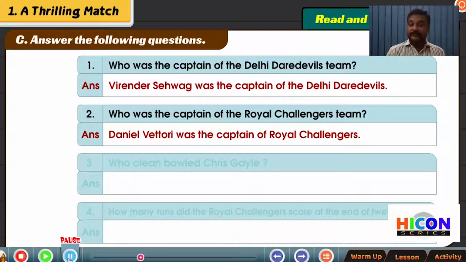He is a spinner from New Zealand, and he was the captain of Royal Challengers. So the toss was actually done between Virendra Sehwag from Delhi Daredevils and Daniel Vettori from Royal Challengers. Okay. Now, let us go to the third question.